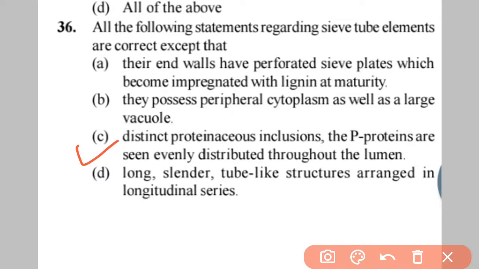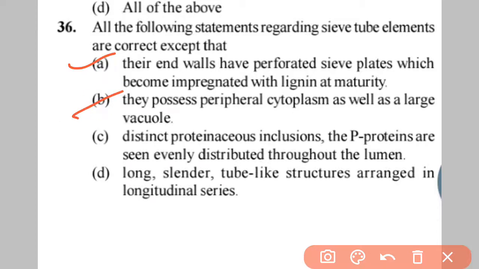Question number 36 is, all the following statements regarding sieve tube elements are correct except that. You can see 4 options are given and we have to find the exception, meaning the wrong one. So let's check. Option A is their end walls have perforated sieve plates which become impregnated with lignin at maturity.